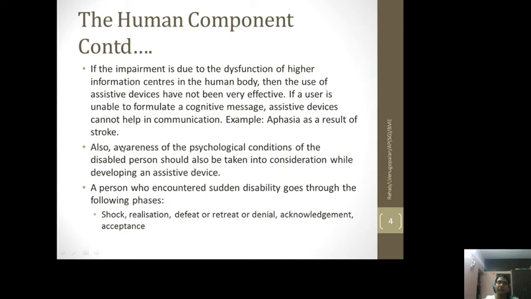Again, psychological conditions should also be taken into consideration while developing an assist device, because many people would not be psychologically fit enough to use an assist device or the interface. Sometimes you just think that it is a very sophisticated device, and then you use a touchscreen iPad or something for that person to enter information.